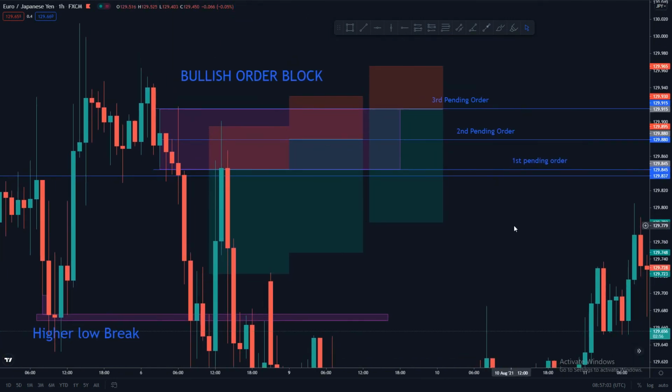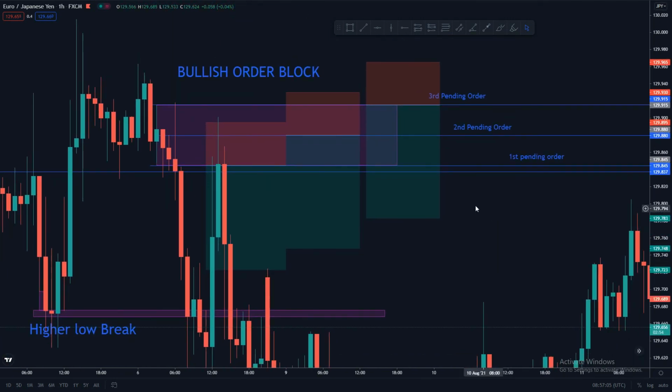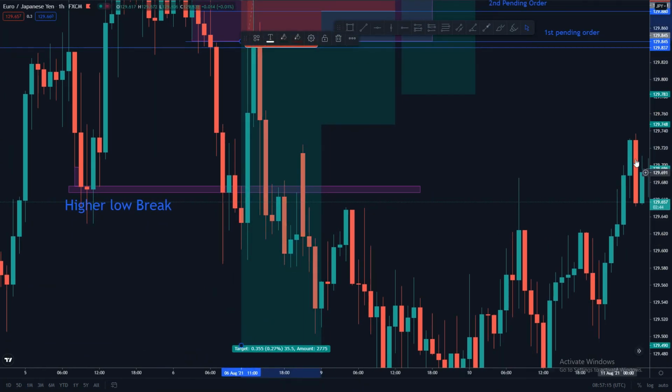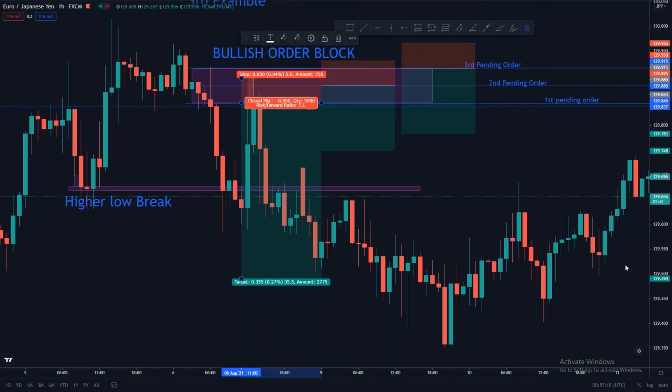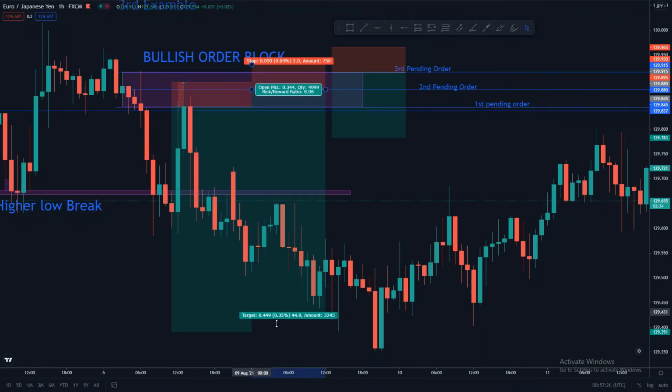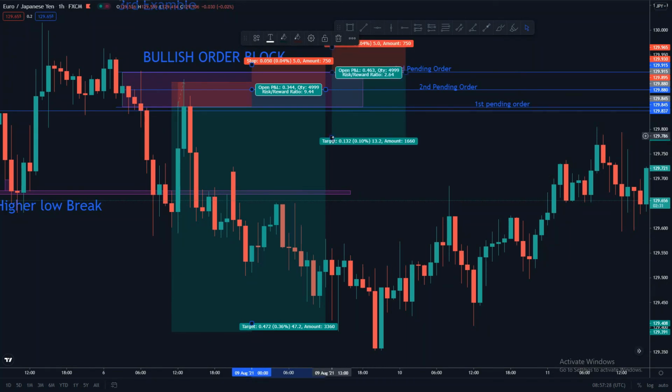Then you go for, I don't know how many you can go, but I use 5 pip stop loss to go for 50, because 50 you can get in a single day and I don't have to wait for too long. But the previous trade we waited for too long. The market wasn't moving at all. So okay, like this. Perfect.